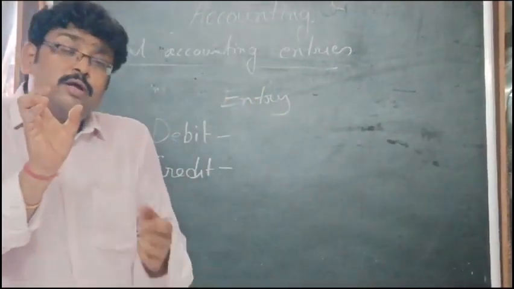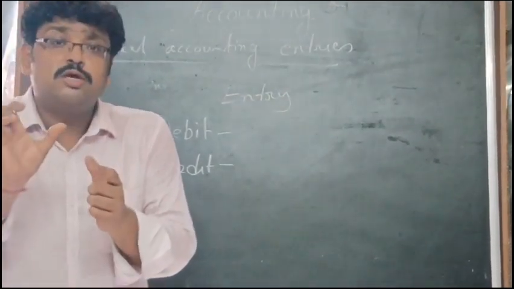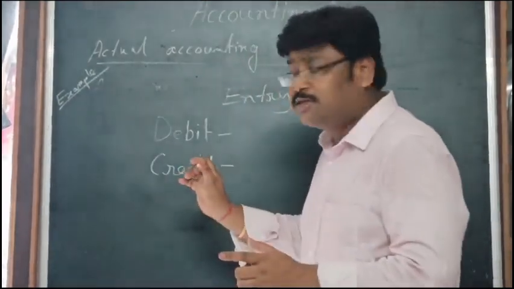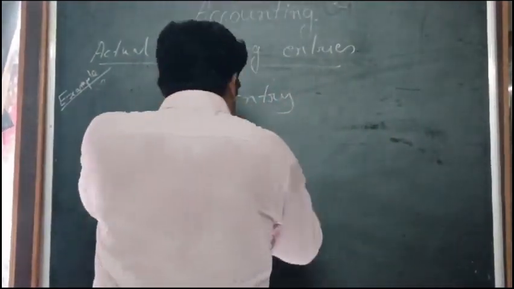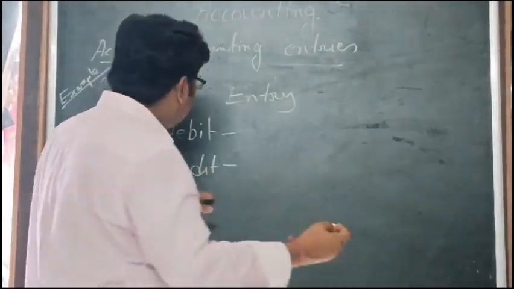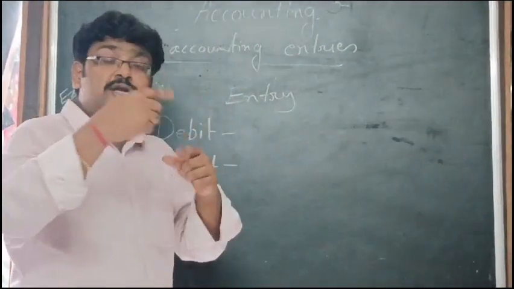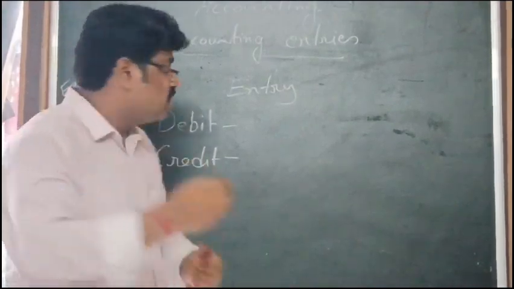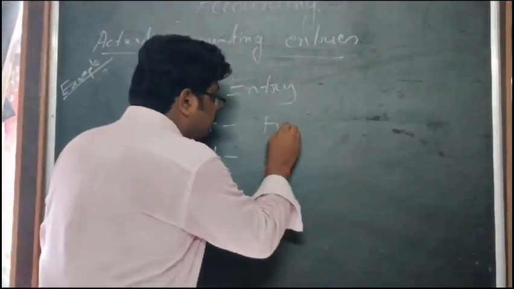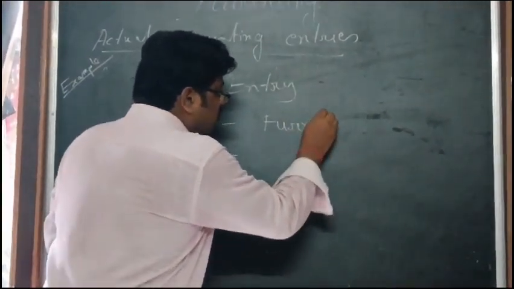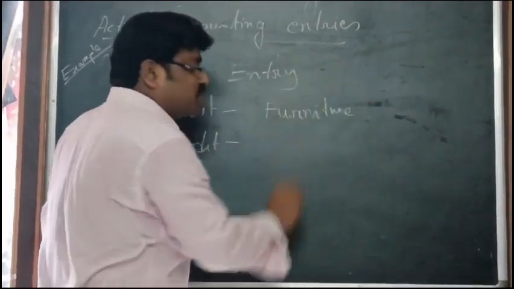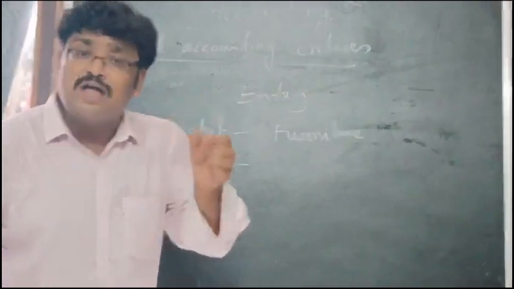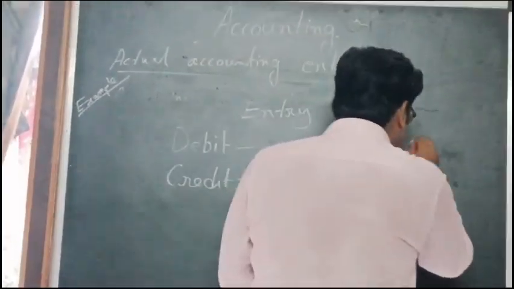So by following these rules, I can make the entry in such a way. There is an increase in the furniture, increase in the asset, so furniture should be considered as debit. How much money has been paid out? $500.